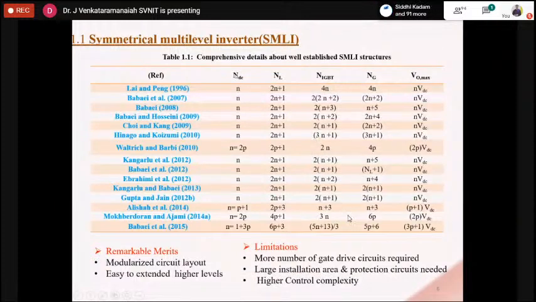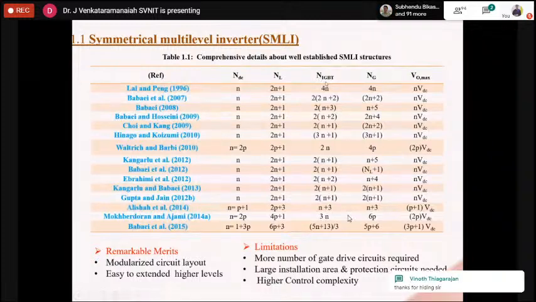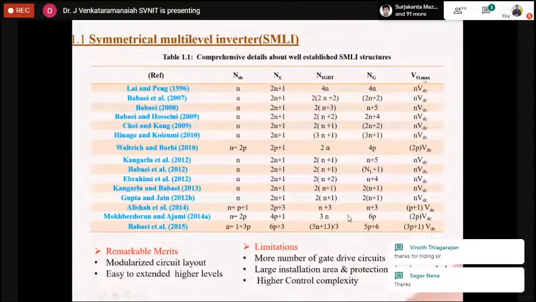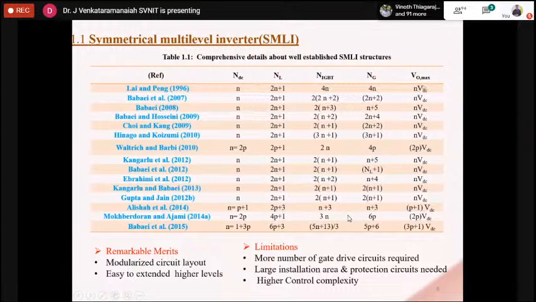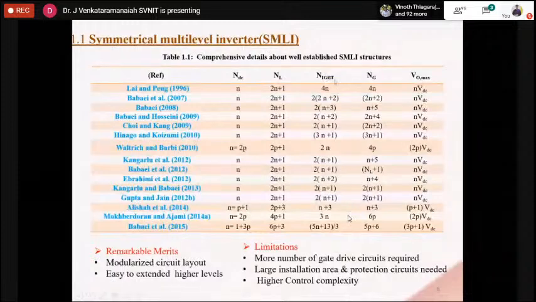So this is NDC, number of DC sources, and this is NL, number of levels at the output, and these are the number of IGBT switches used in the configuration, and this is the number of gate driver circuits, and this is the output voltage you can get in terms of the number of levels. In some topologies, the IGBTs number 2 into n plus 3.